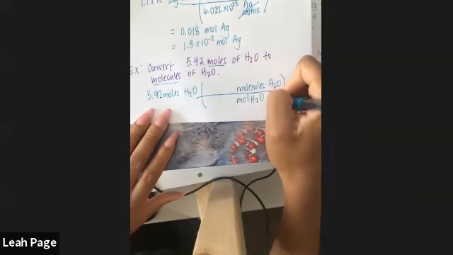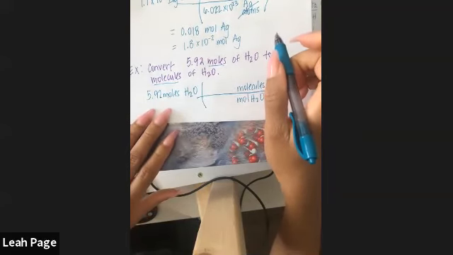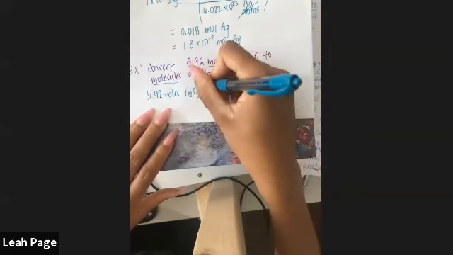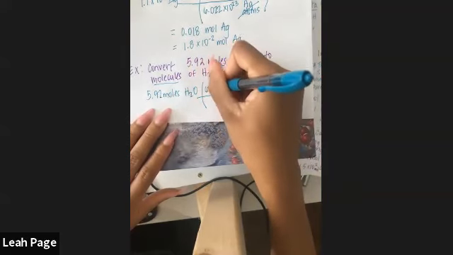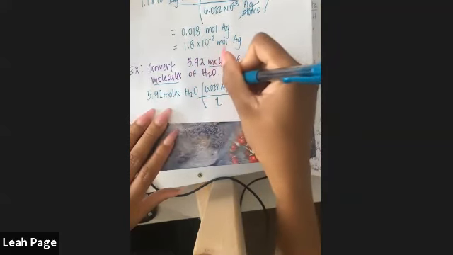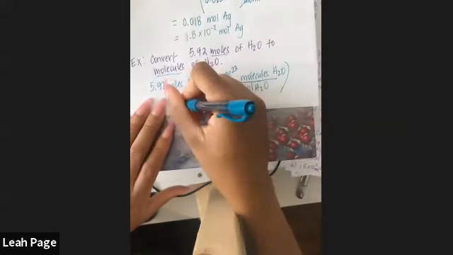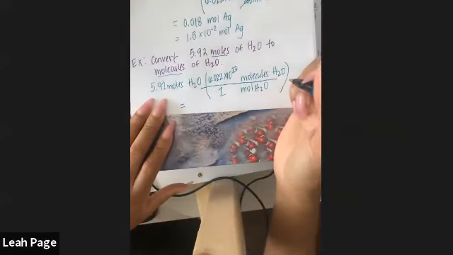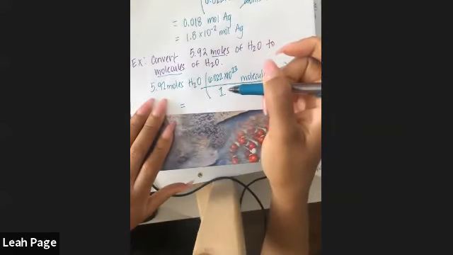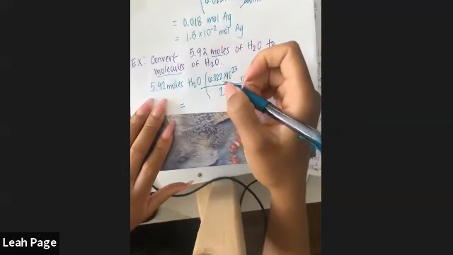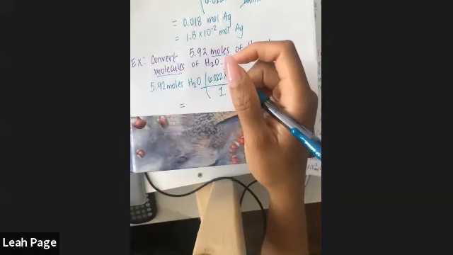Where does my 1 go? Down on the denominator, 1 mole equals 6.022 times 10 to the 23 molecules. So in this case, how many sig figs should my answer have? 3. What did you guys get for an answer? 3.57 times 10 to the power 24.